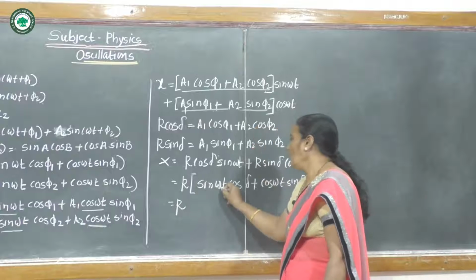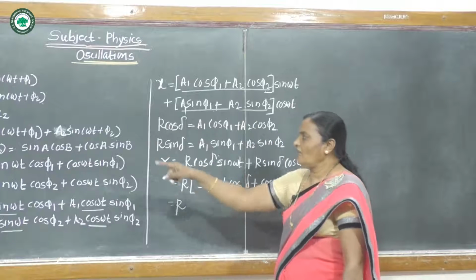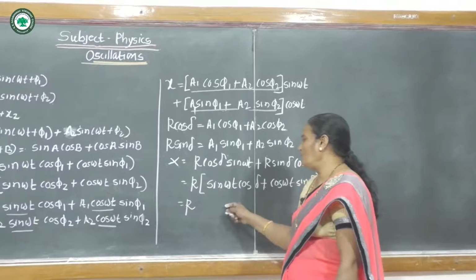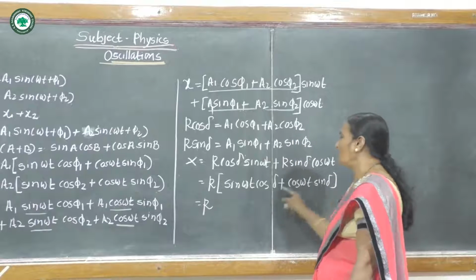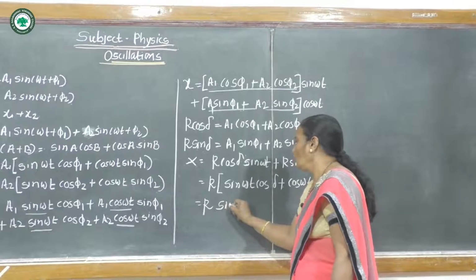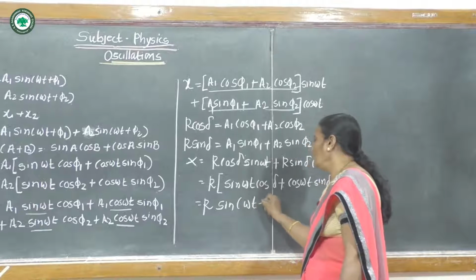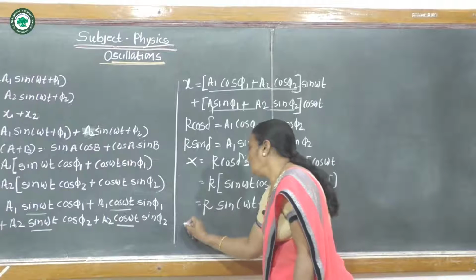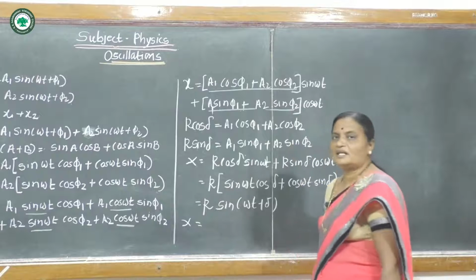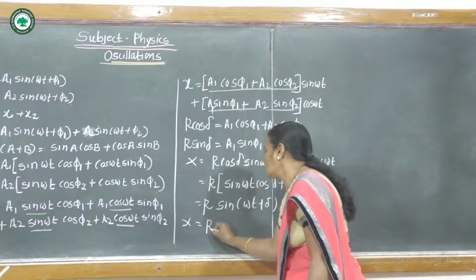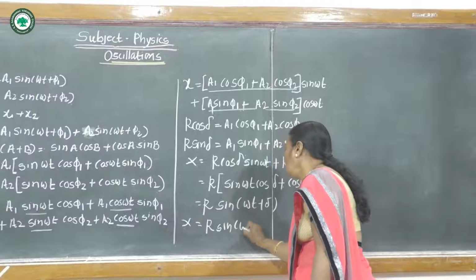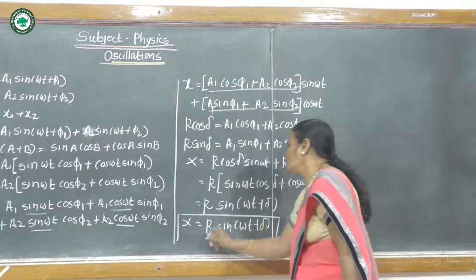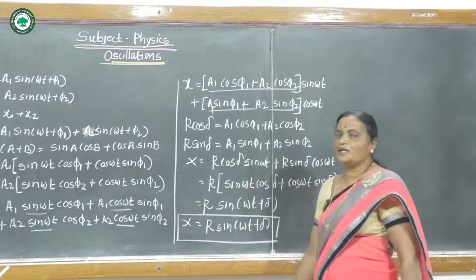Now this is again of the form sin a plus b, which is sin a cos b plus cos a sin b. Therefore this bracket is r sin (omega t plus delta), and the resultant displacement is r sin (omega t plus delta). This equation represents the resultant displacement of the motion.